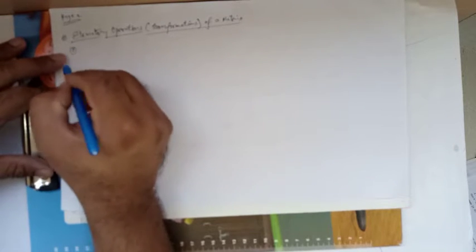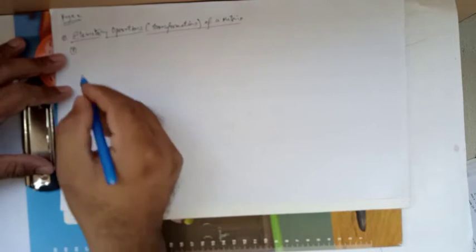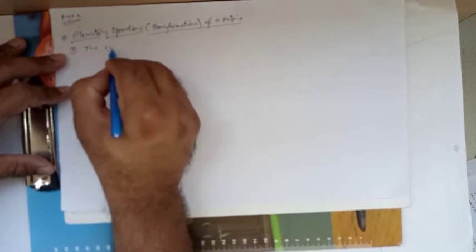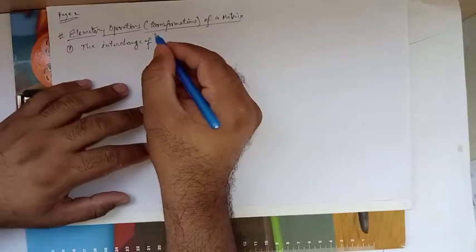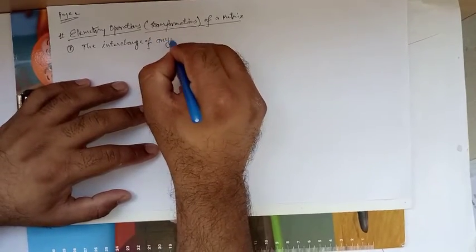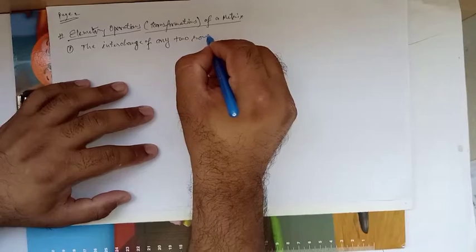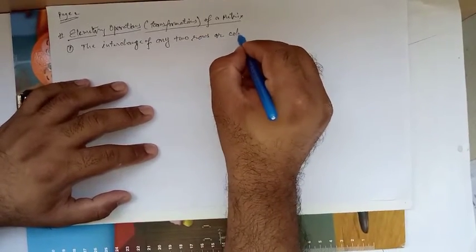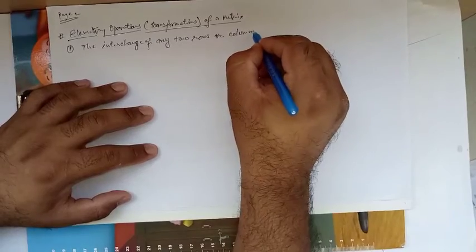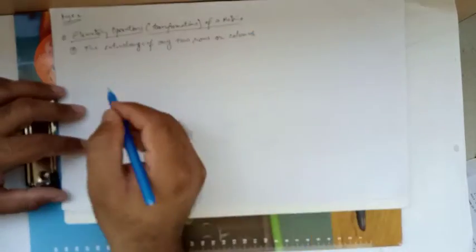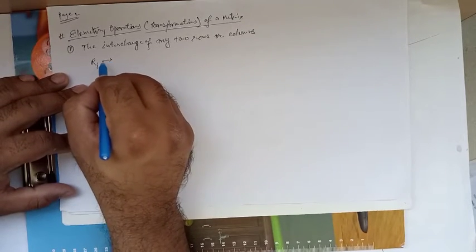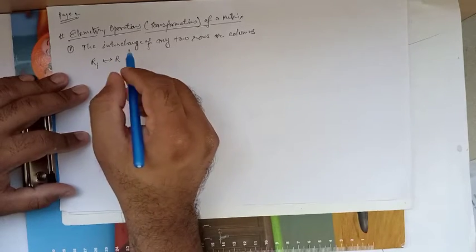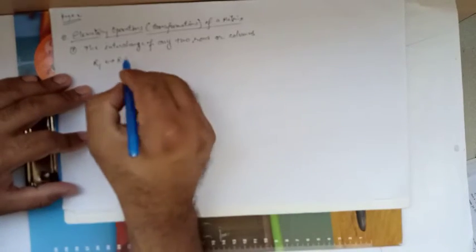We'll see there are three types of operation, and the first one is the interchange of any two rows or columns, and symbolically it is represented as Ri undergoes Rj.